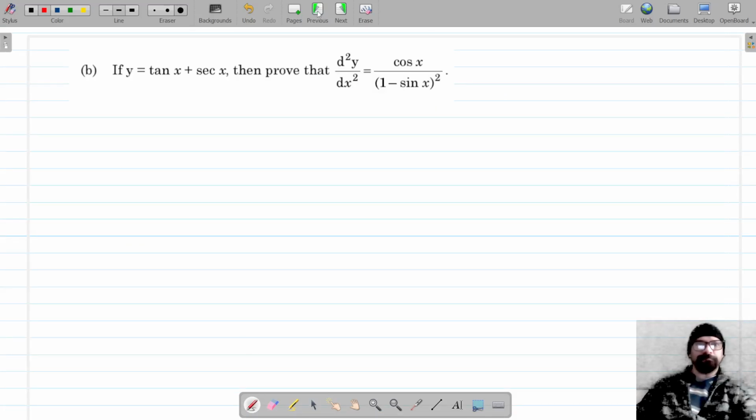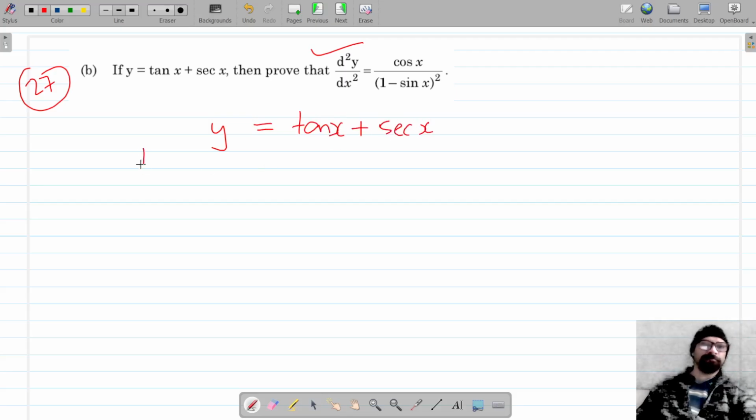Okay, this is question number 27, part B. And we have to find the second order differentiation and prove that it's cos x upon 1 minus sin x the whole square. So our equation is y is equal to tan x plus secant x.